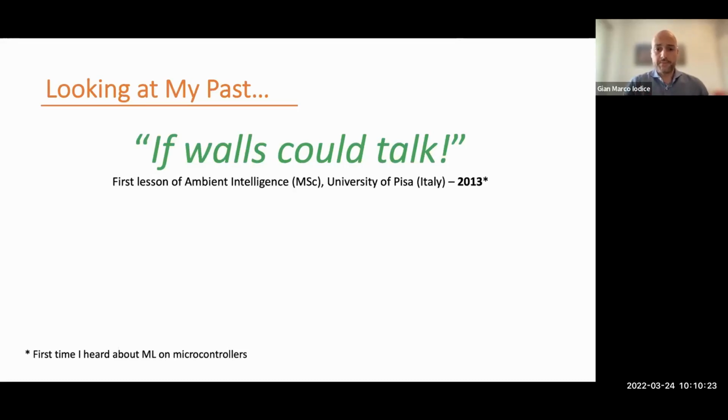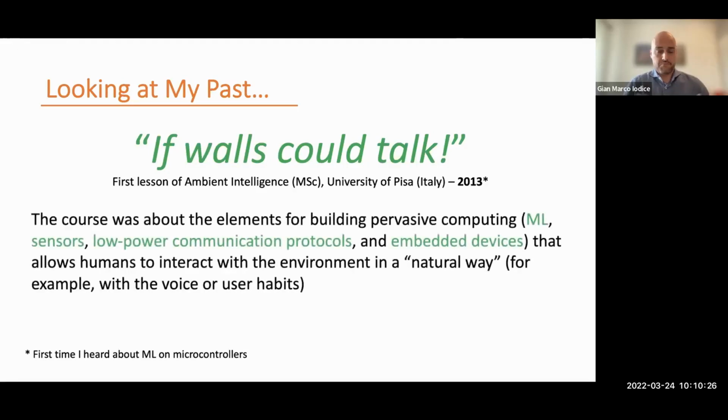The course was about ambient intelligence, which in a few sentences was a course about the elements of pervasive computing. So what elements? Machine learning, sensors, low-power communication protocols, and embedded devices, with the aim of allowing humans to interact with the environment in a natural way.